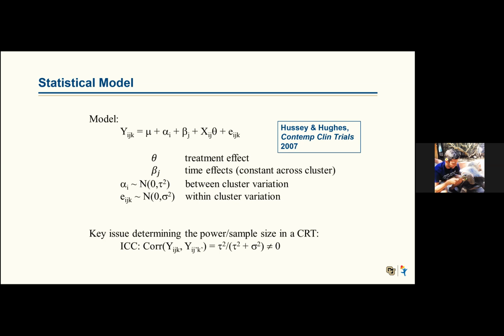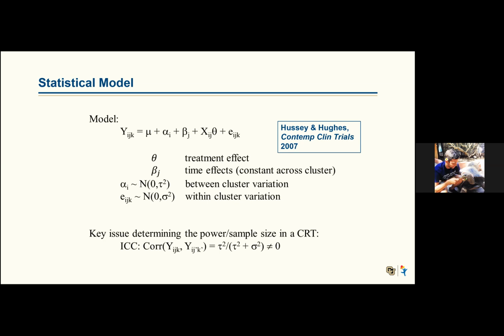The assumption in this model is that it's constant over all of the clusters or all the sites, that if it happens, all the sites will be similarly affected. And then there's random effects to explain the difference between clusters, variation between clusters, or a residual error, Eijk, that models the individual variation within a cluster.